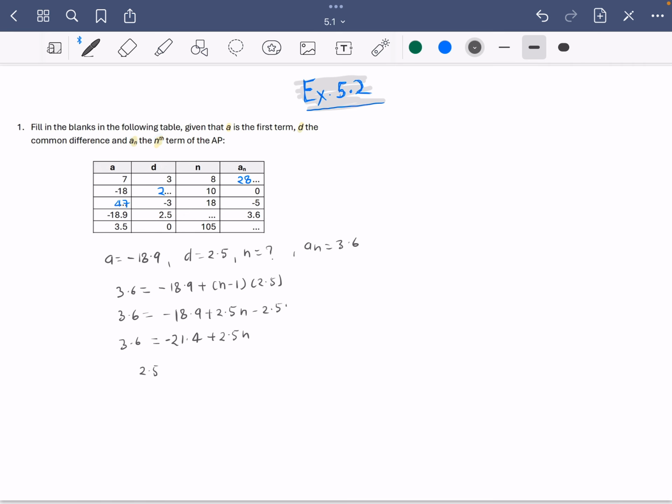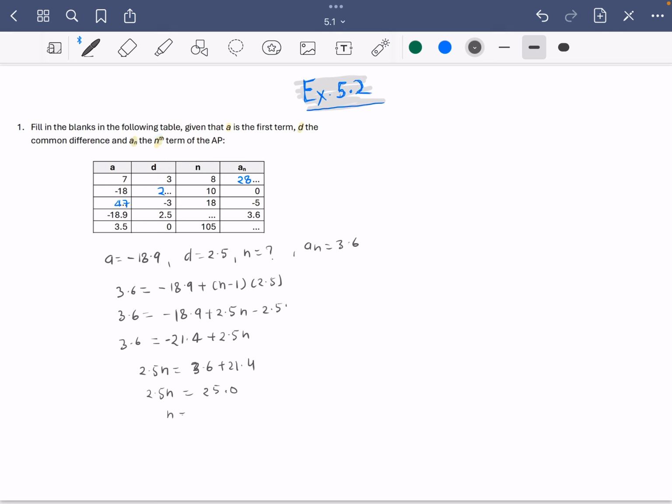This is going to be 2.5 N equals 3.6 plus 21.4. 2.5 N is going to be 25.